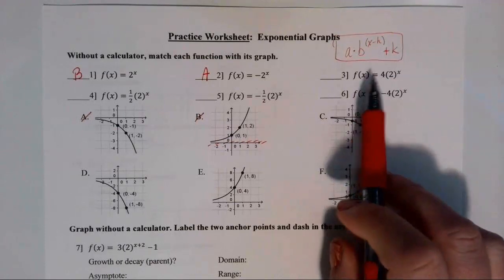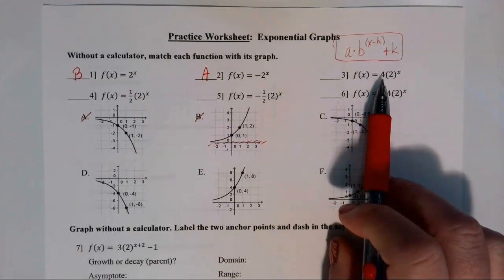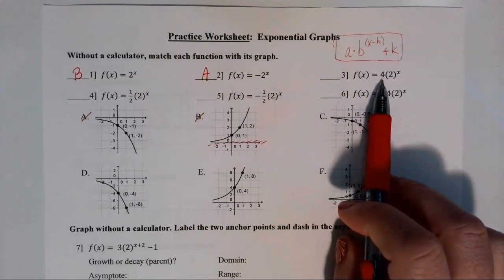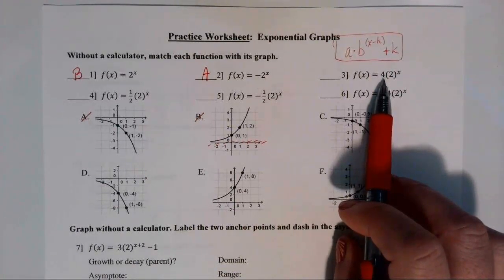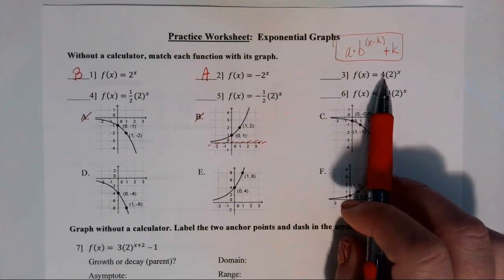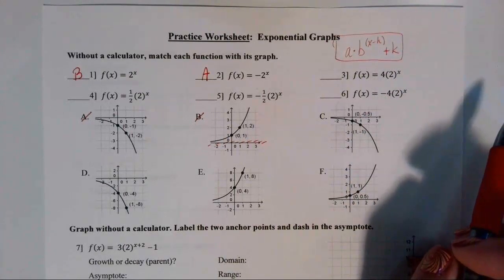Okay, then in number 3, our a, instead of being negative, is a positive 4. So this graph is still increasing from left to right, only instead of passing through 0, 1, and 1 comma 2, we're going to multiply those y values by 4 to produce a vertical stretch.